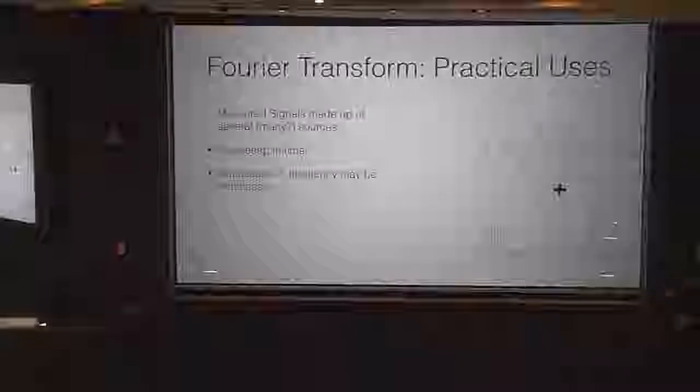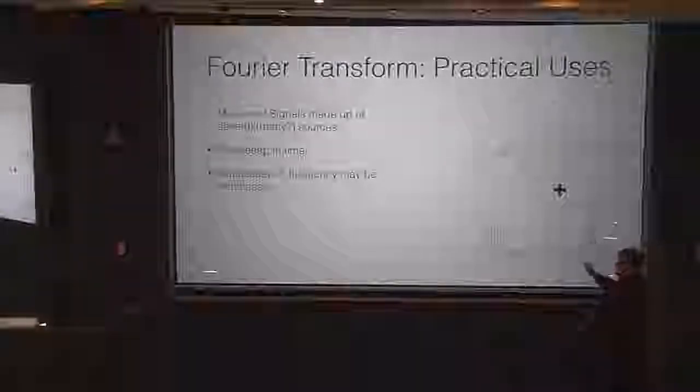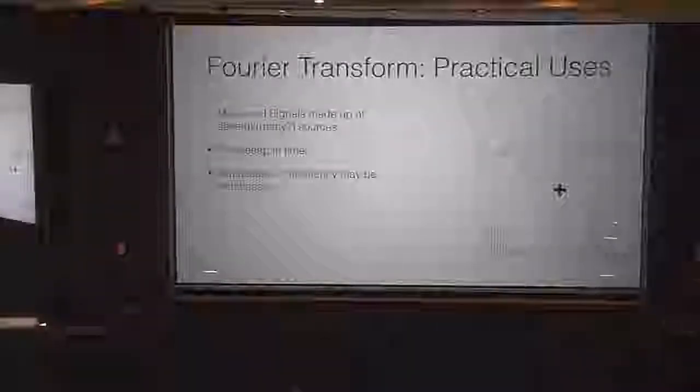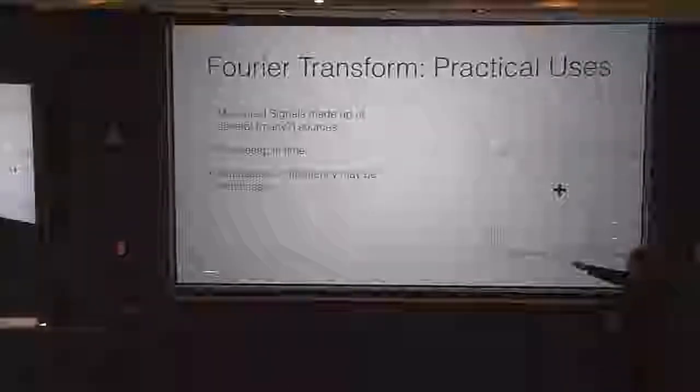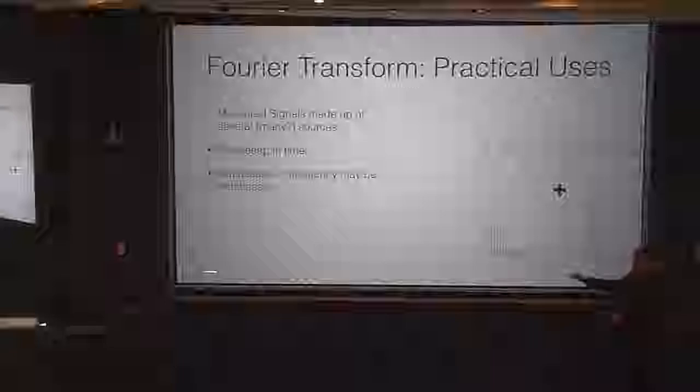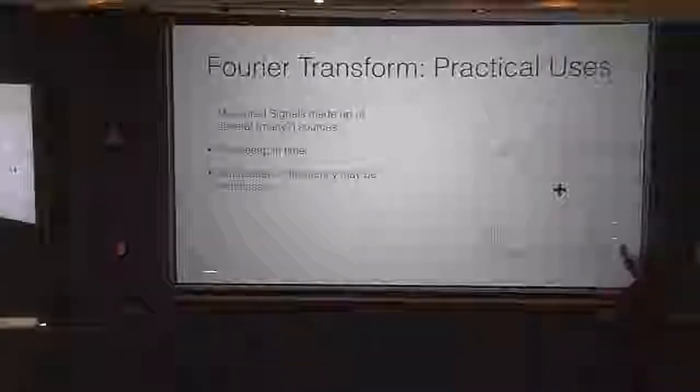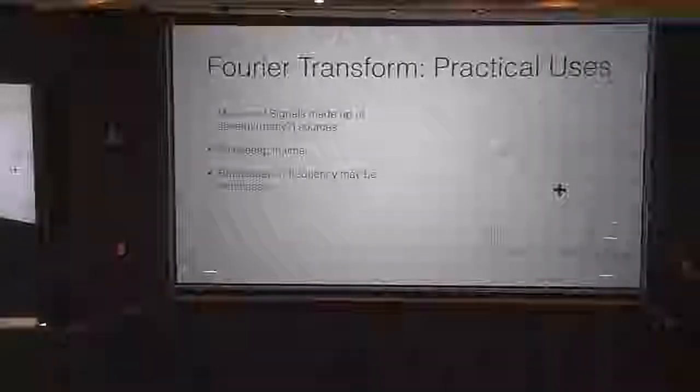OK, so why do we care about the Fourier transform? Well, we may be measuring several different kinds of signals from different sources. This one in red, if you look at the Fourier transform, is mostly in the 10 hertz region, although it's pretty broad. This one in the blue is higher frequency, mostly in the 20 hertz.